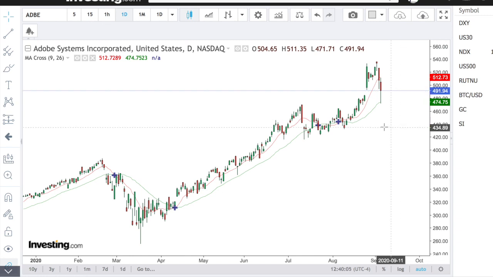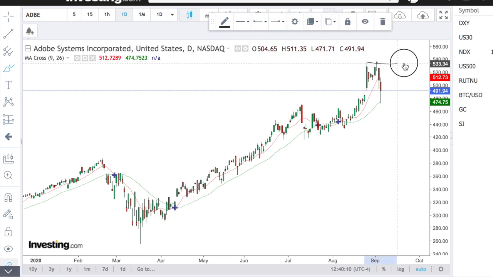So this leads us to our general patterns and resistance. We can see that there is a ceiling right here at around $535, but then you also have this bottom right here at around $490. So that is just some levels of support and resistance for you.